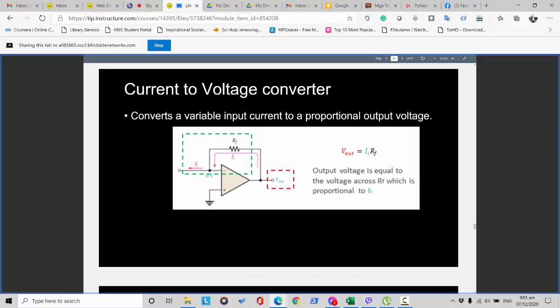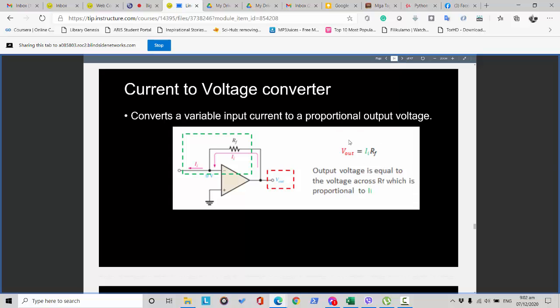Okay, so basically this current to voltage converter converts a variable input current to a proportional output voltage. So basically the output voltage will be equal to the input current multiplied by its feedback resistor.